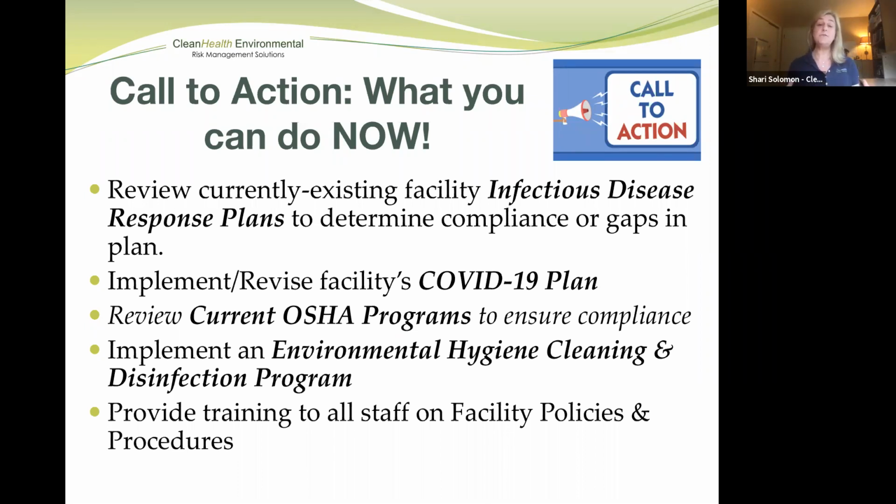A traditional infectious disease plan you had a year or two ago before the pandemic is not going to have all the components that this emergency temporary standard is going to require. So implement or revise your facility COVID-19 plan, review your current OSHA programs and procedures, and make sure you're in compliance there. If you do not have an environmental hygiene, cleaning, and disinfection program, implement one, and ensure you're training all of your folks.